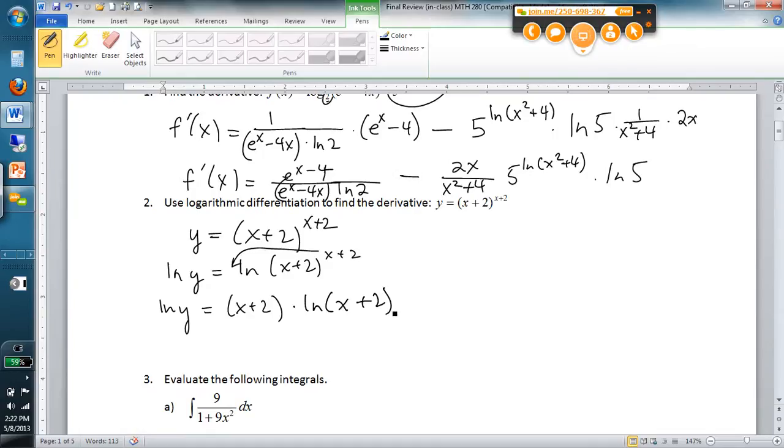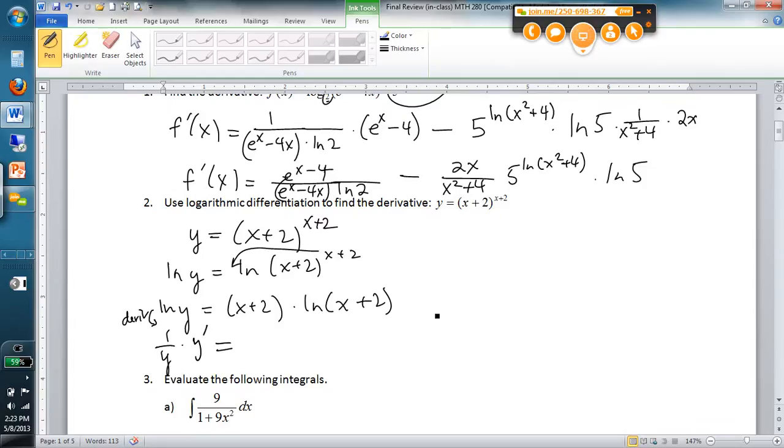2. Now if we do the derivative of both sides, the derivative of ln of y, well, it's a little implicit. It would be 1 over y times the derivative of whatever y is.